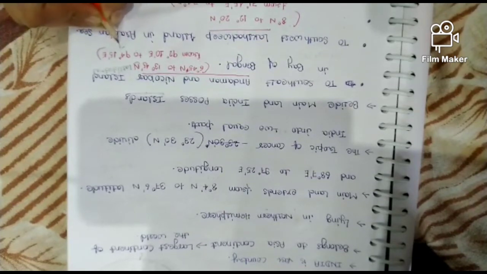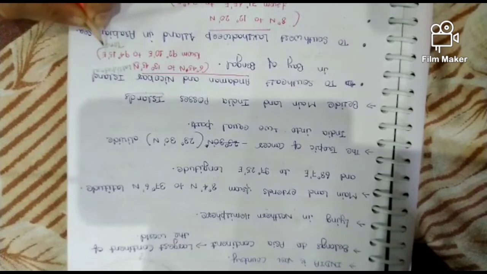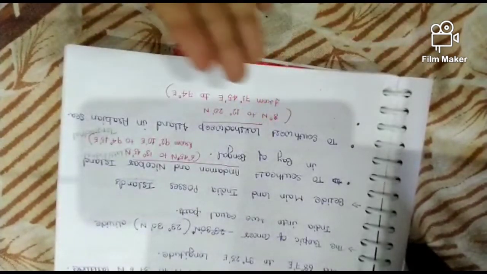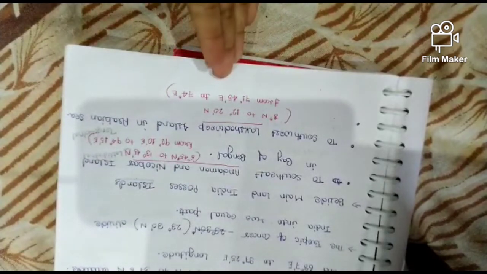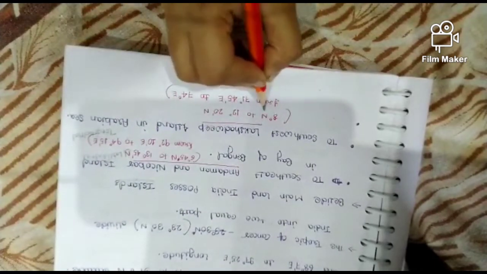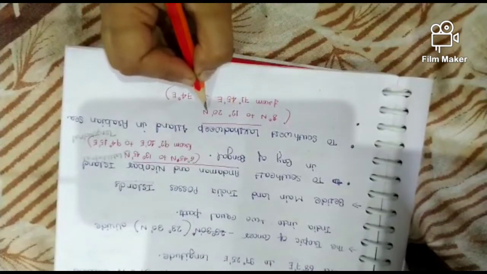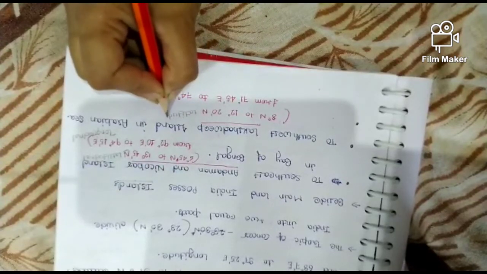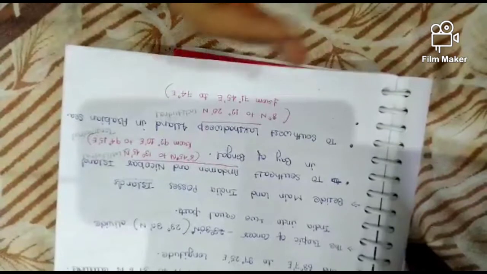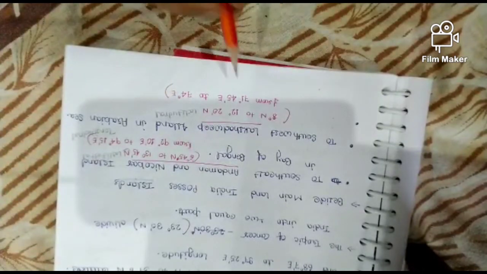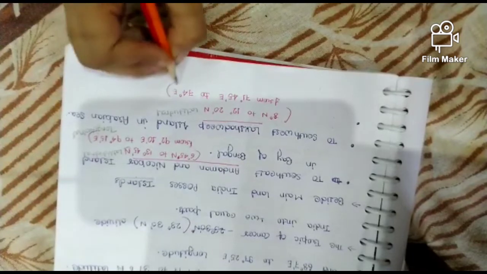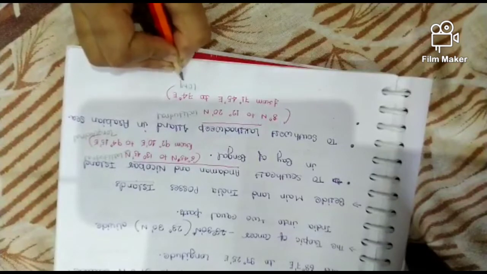Same for Lakshadweep Island: the latitudinal value is 8 degree north to 12 degree 20 minutes north, and the longitudinal value is 71 degree 45 minutes east to 74 degree east.